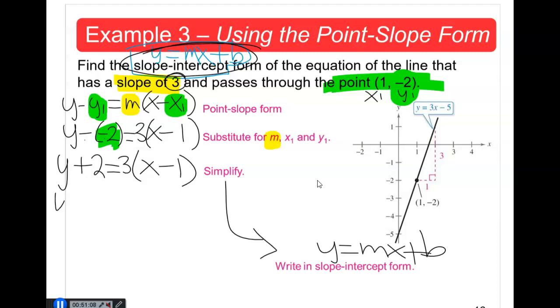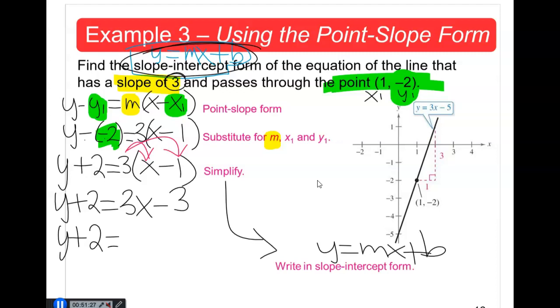So what I'm going to do next is distribute the 3, meaning I'm going to multiply the 3 times x, 3 times negative 1. So that will give me 3x, and then positive 3 times negative 1 is negative 3. So we have y plus 2 is equal to 3x minus 3.